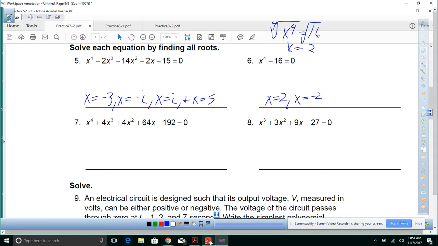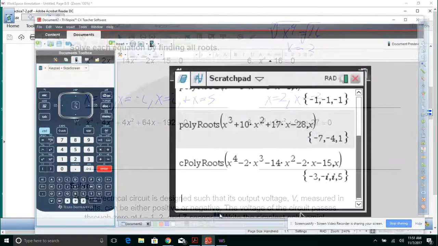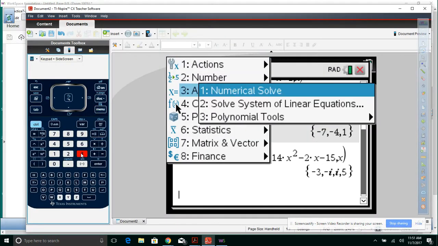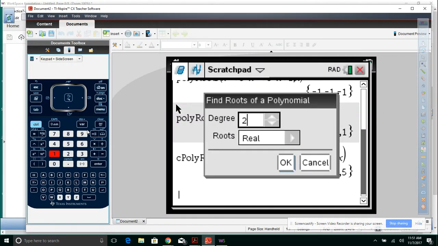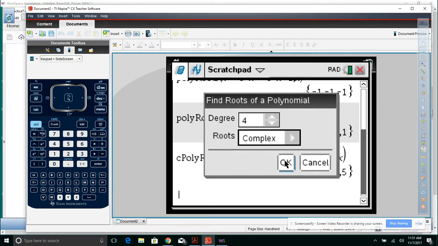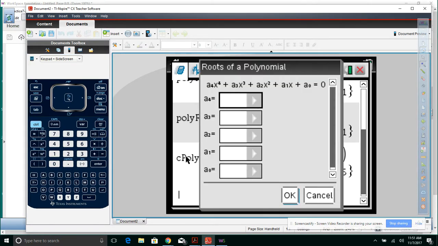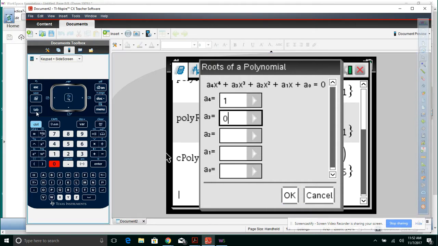All right, so let's go over here in our calculator. Menu 3 3 1, and the degree is 4. And you're wanting all the roots, so let's go to complex, enter. And you had x to the 4th, so put a 1 there. You didn't have an x cubed, so put a 0 there. You didn't have an x squared, so put a 0 there.